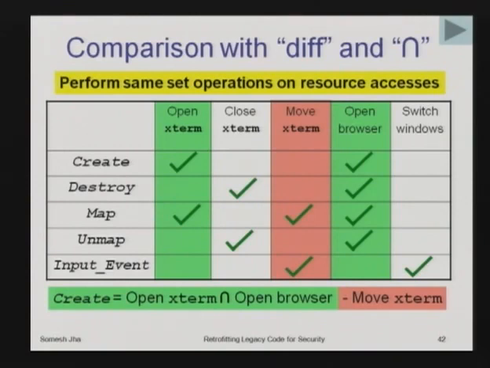The only singleton set left is create. So if I take the trace corresponding to opening an xterm, intersect it with the trace corresponding to opening a browser, and subtract the trace corresponding to moving an xterm, I will get essentially a localized trace for create. It doesn't quite work like that, there are some complications, but this is the basic idea.